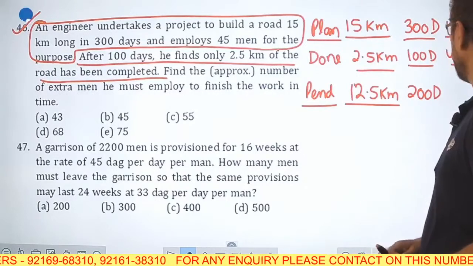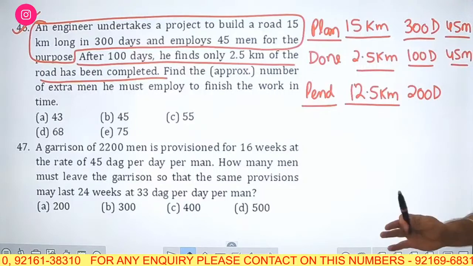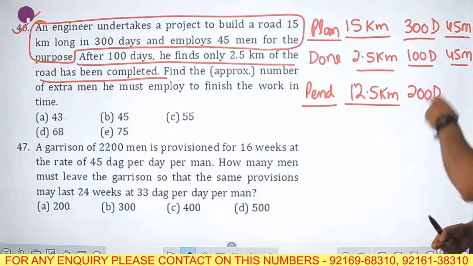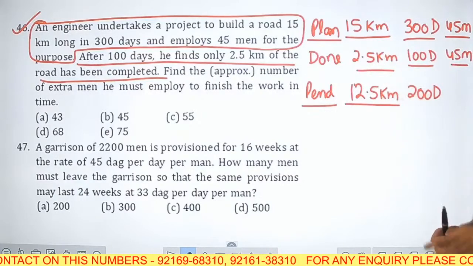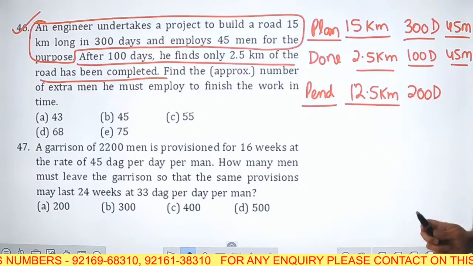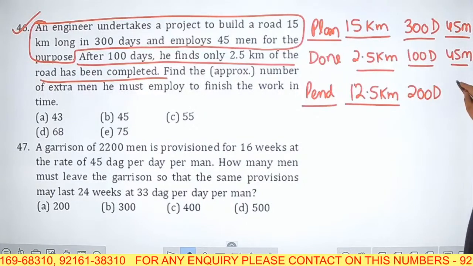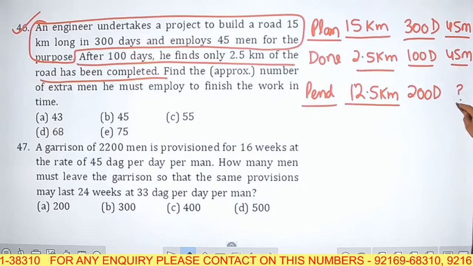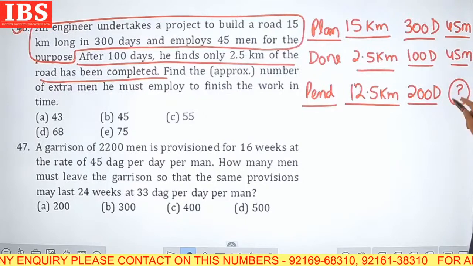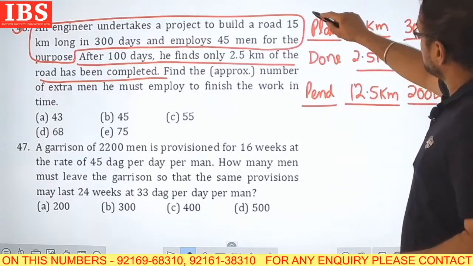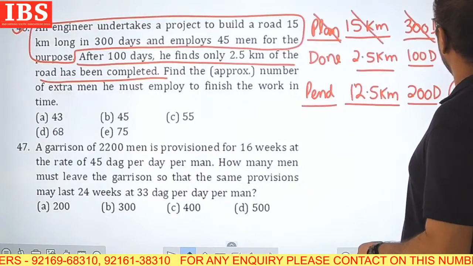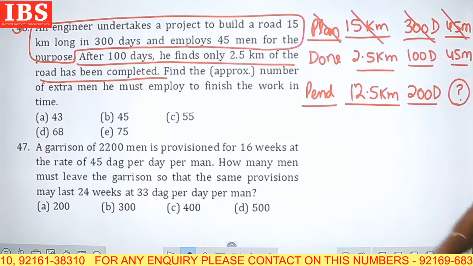And 45 men cannot accomplish this, because if this is to be done in 200 days, only 5 kilometers more will be made, but they need to make 12.5 kilometers more. Okay, so the number of men employed will be more than before. Let's see how many men will be employed. So this was the planned way, but it did not execute, so we cancel this. So we have two situations, 1 and 2.